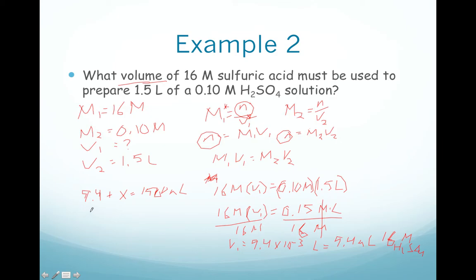And so I'm going to need 9.4 milliliters of H2SO4, and I'm going to need 140.6 milliliters of water. That's going to be how we get this solution. So we took 9.4 milliliters of sulfuric acid and added 140.6 milliliters of water to make my 1,500 milliliter solution.